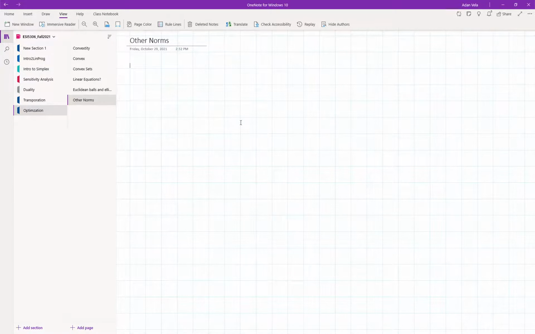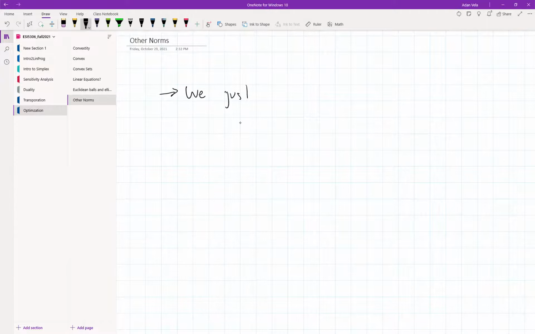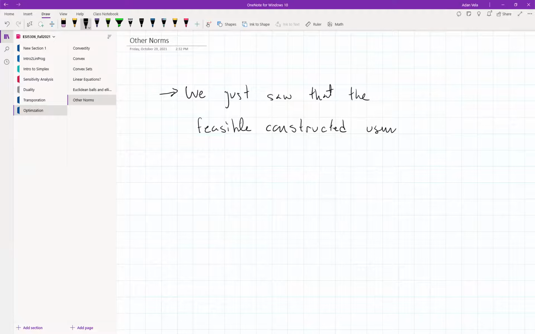All right. So to reiterate this idea, we just saw that the feasible space constructed using the L2 norm, and the reason we call it L2 is that you're basically saying the letter L and then 2, right?